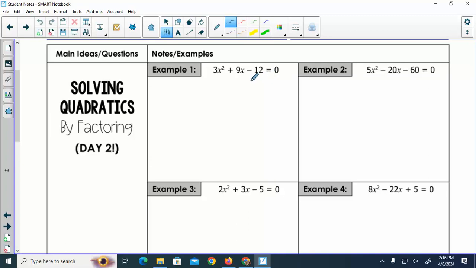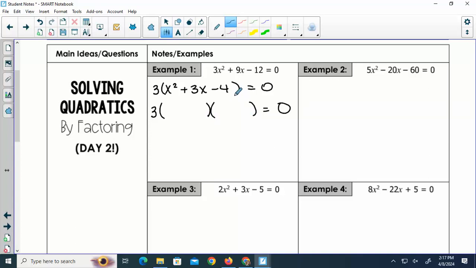Oh, 3. So if we take out the 3, we'll do this with x squared plus 3x minus 4. Since it's a 1x squared, we can do the shortcut where we're setting up 2 parentheses.